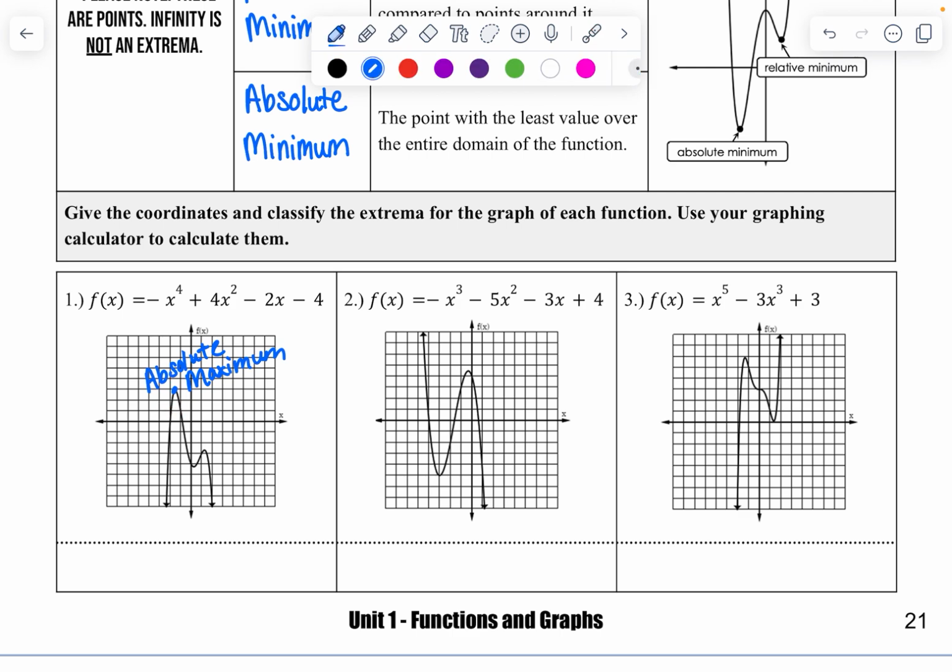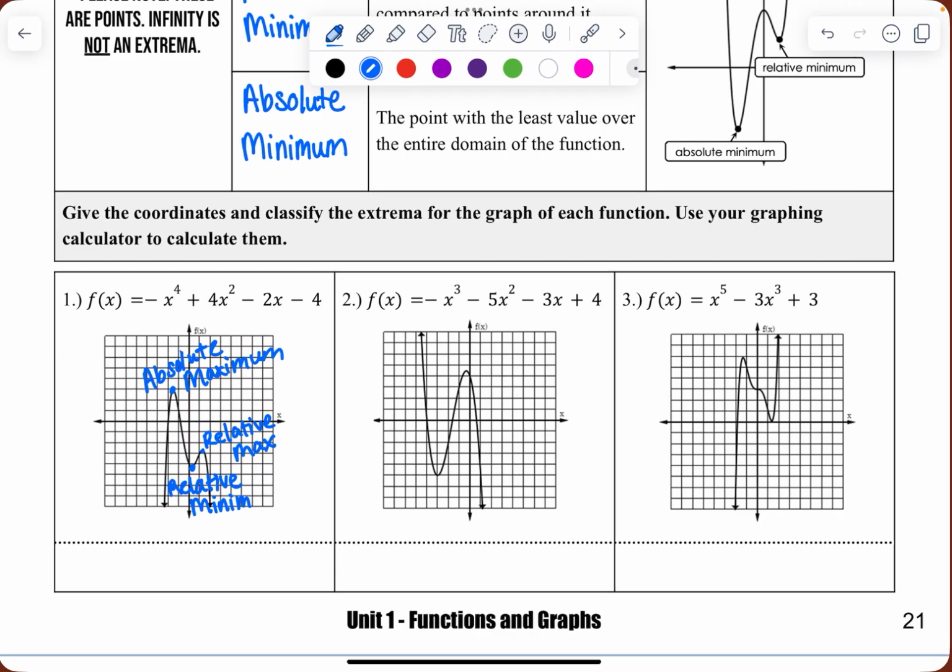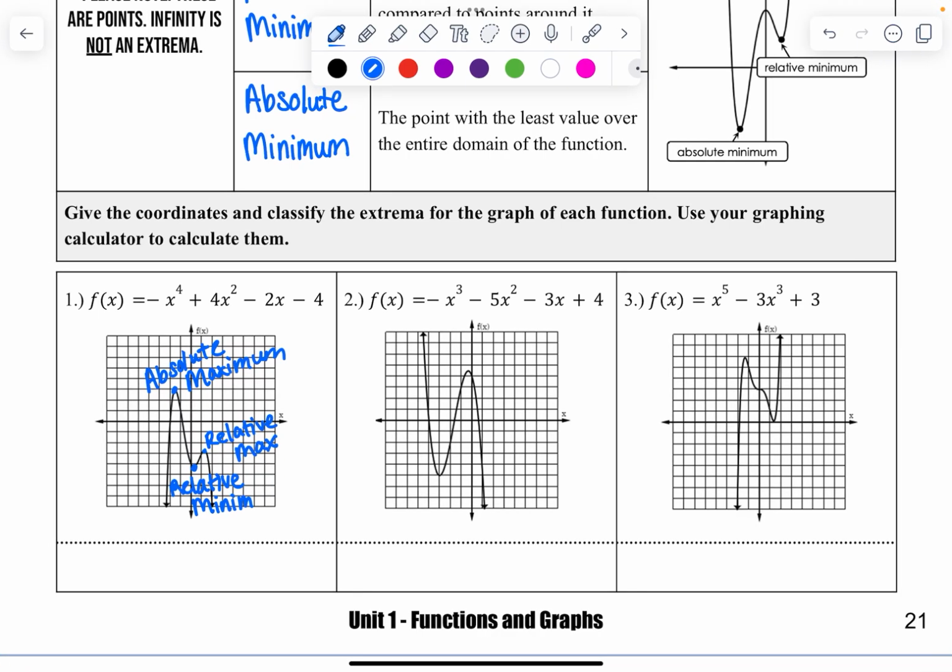We have a relative maximum here as well. And then we have a relative minimum that we can find. So we're going to find the value for 3 extrema for this problem. It doesn't have an absolute minimum because it's headed down to negative infinity.